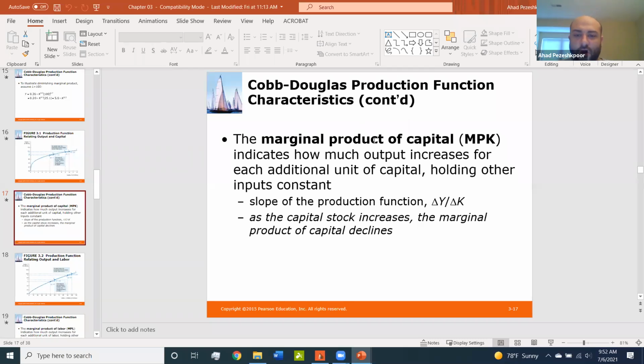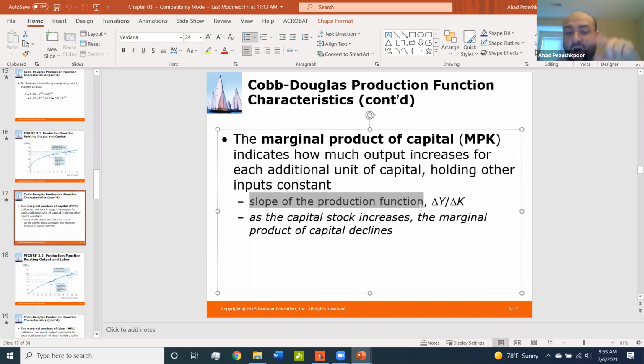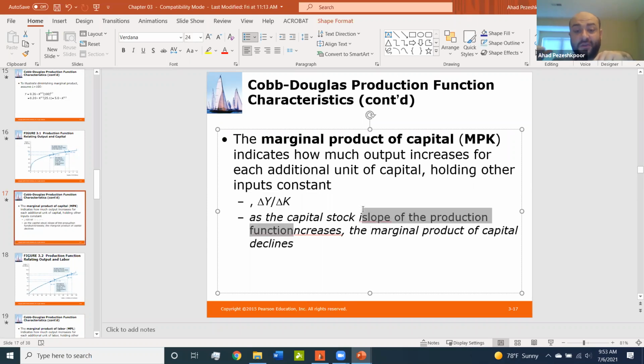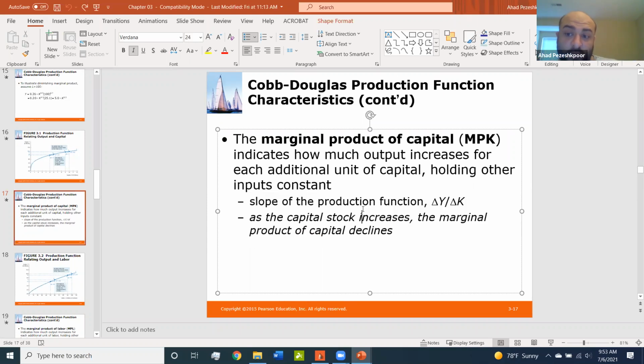That's marginal product of capital. Now, how do we find it? By finding the slope of the production function with regard to that input we're looking for, the slope of the production function with regard to physical capital.